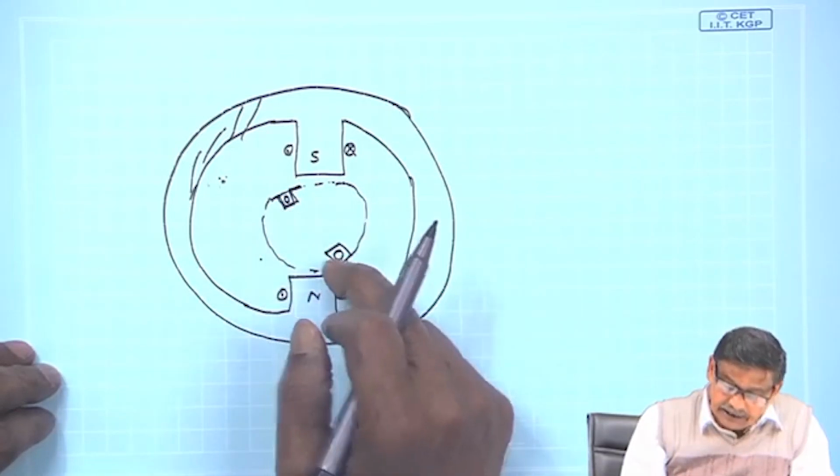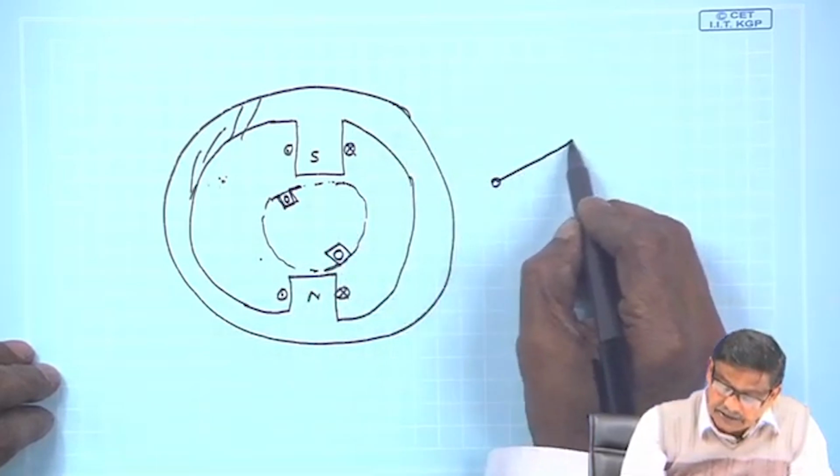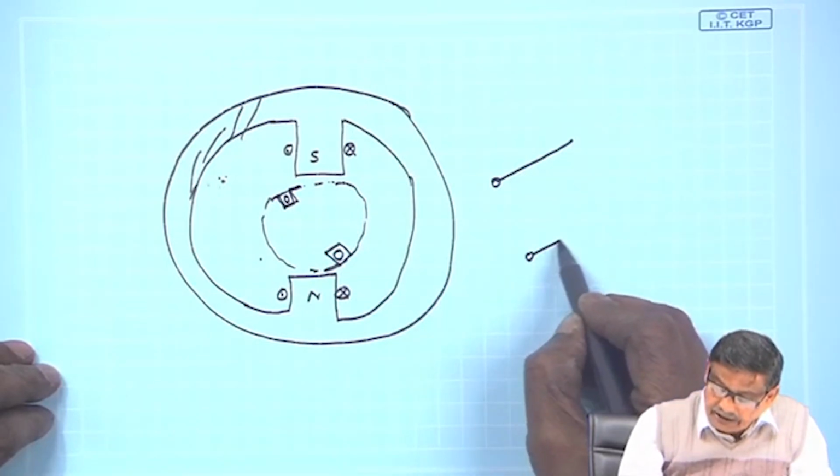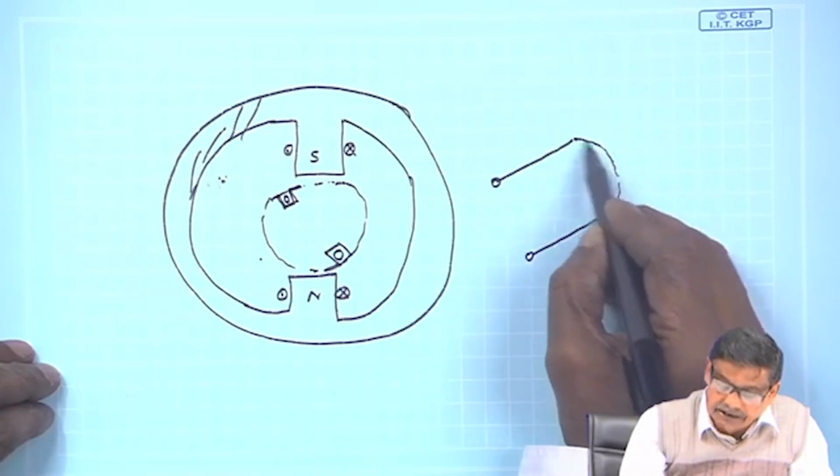This conductor at the back end I will join them, that is, this conductor runs like this, this conductor runs like this, and I will join them in the backward direction.